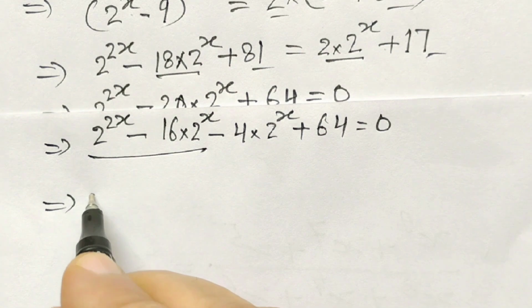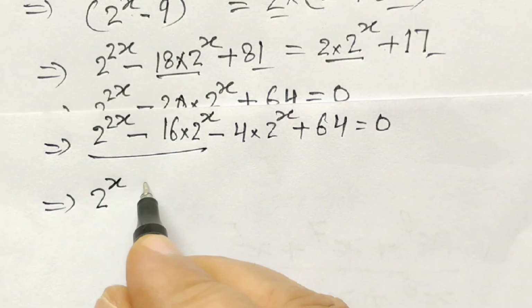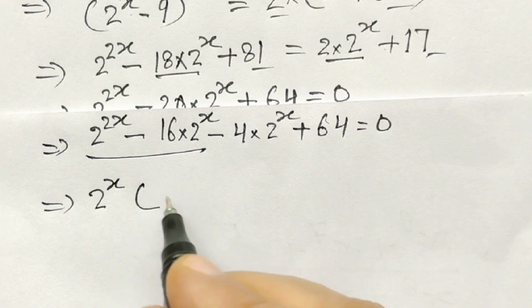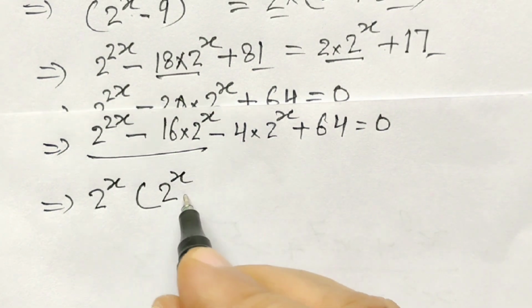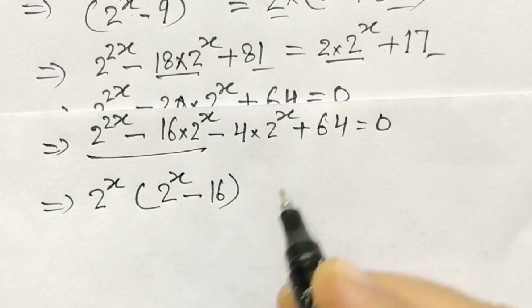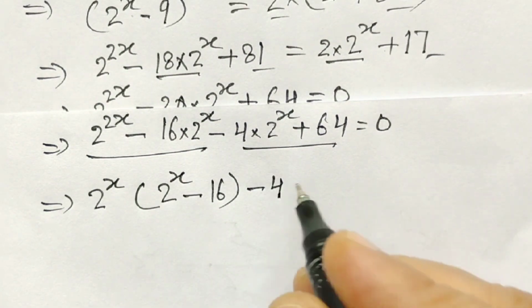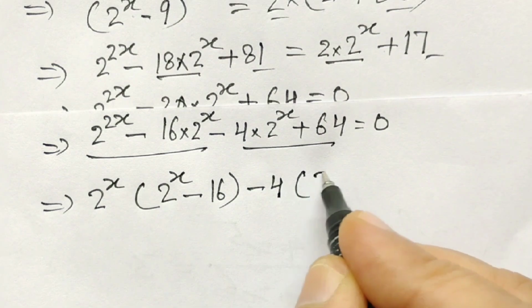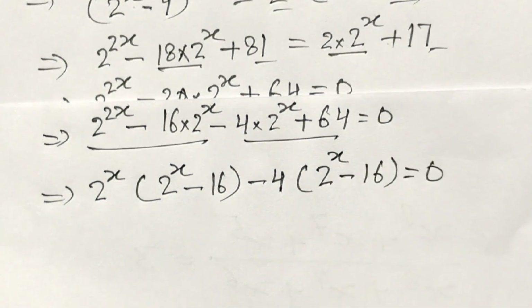Here 2 to the power x is common, and minus 4 is common, so we get 2 to the power x minus 16 times 2 to the power x minus 4.